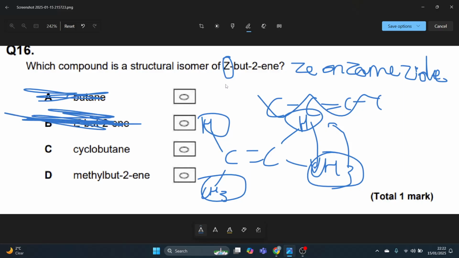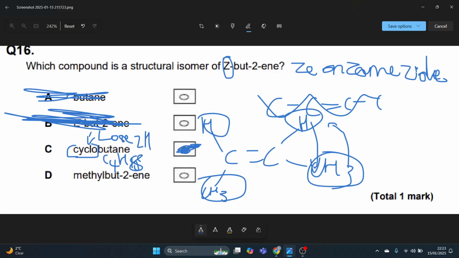Cyclobutane. That will be a structural isomer of Z-butene. Cyclobutane is C4H8. Yes, because butane is C4H10, but because you've got this cyclic structure, you're going to lose 2 hydrogens, therefore it's going to be C4H8.